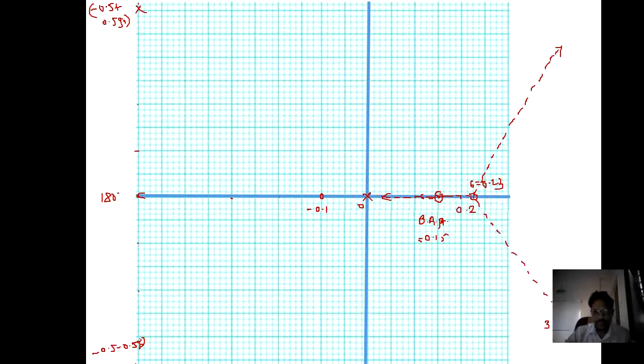So non-root locus region, then root locus region, then non-root locus region. So 0.1, 0.2, 0.3, 0.4, 0.45 here.